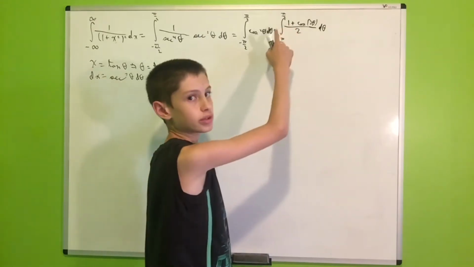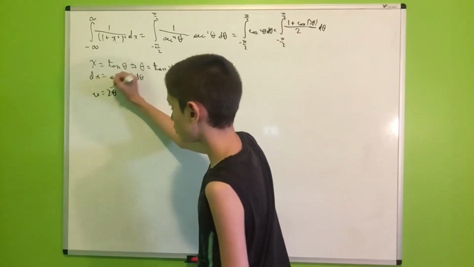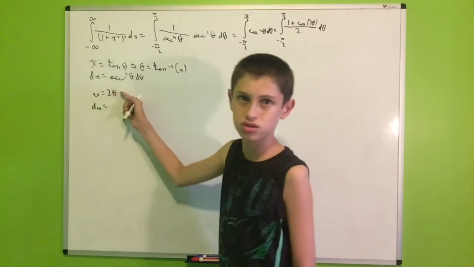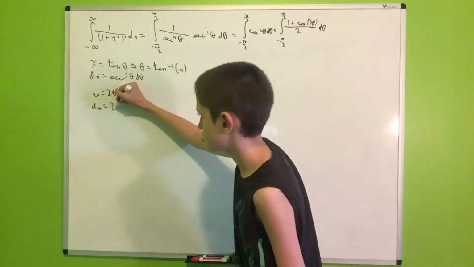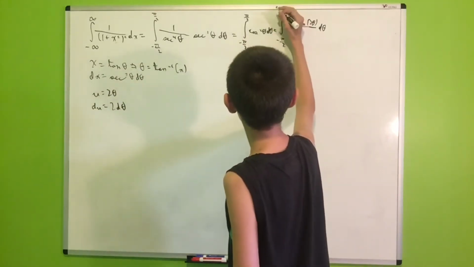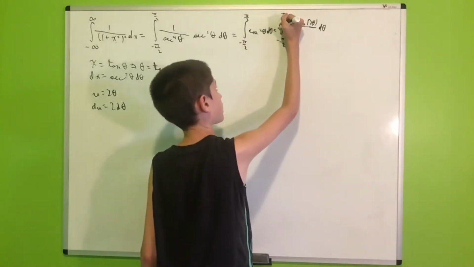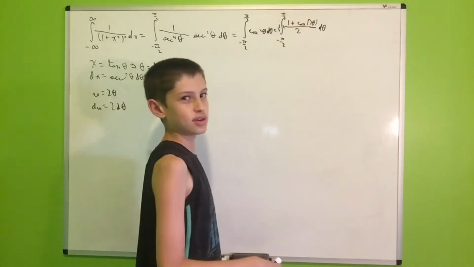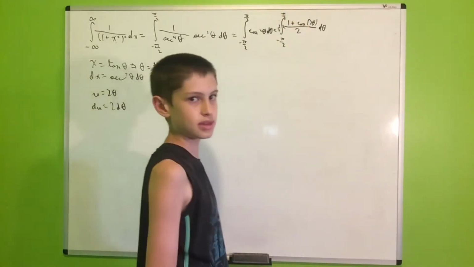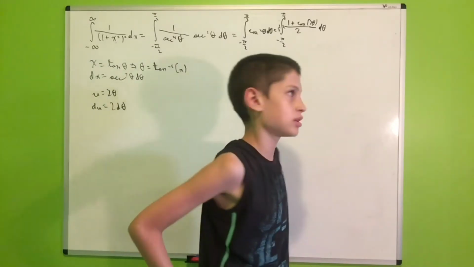And now we will introduce a substitution, namely u equals 2 theta, which means du equals the derivative of 2 theta, which is 2 d theta. But then to get our 2, we will simply divide and multiply by 2, so 1/2 times 2. This has the same effect as multiplying by 1, which has the same effect as doing absolutely nothing.